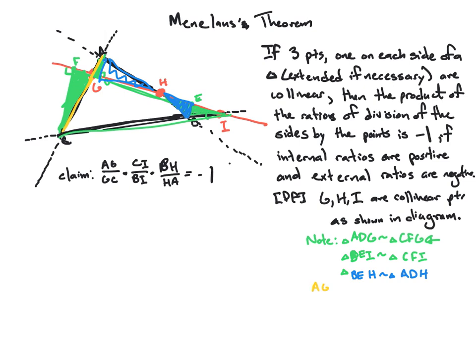AG must be to GC as AD is to the corresponding leg CF.